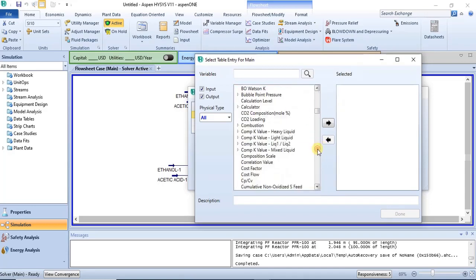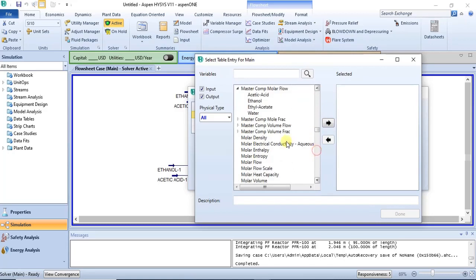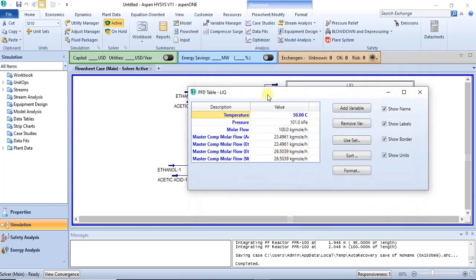I click on the drop down, and then I come down to it. Yes, master component molar flow, the drop down, then I select all of them, and then I click OK, right? So it gives me this information.